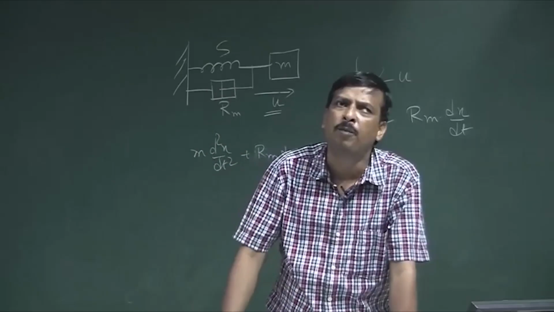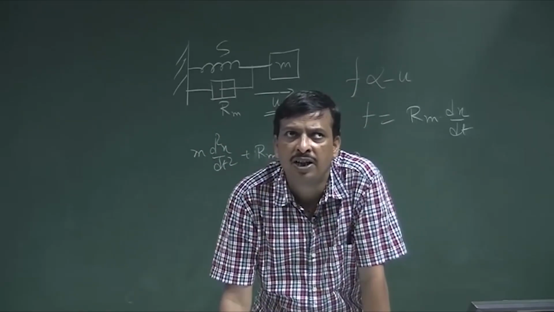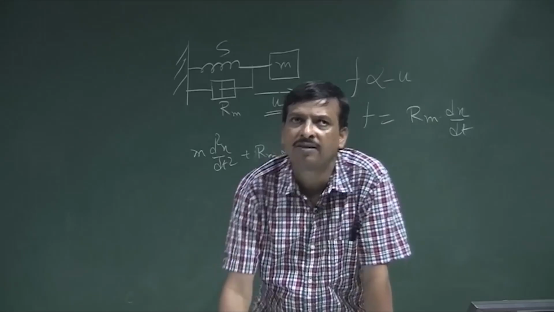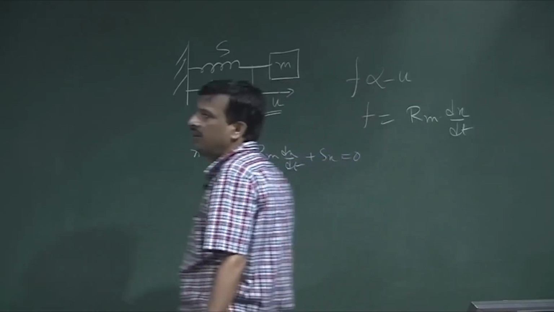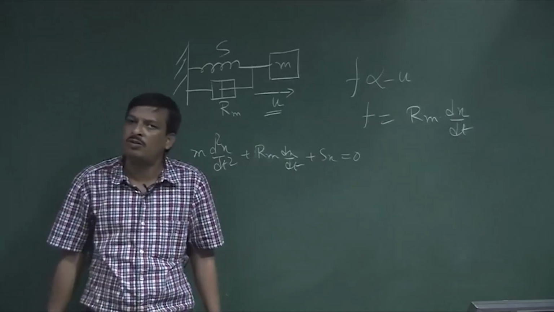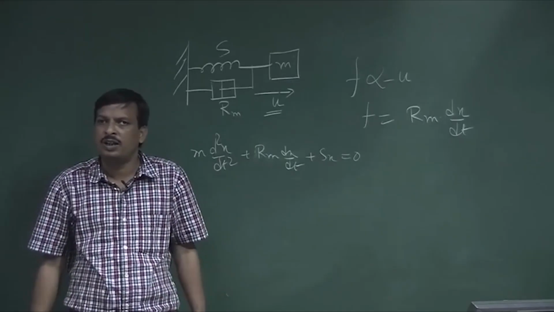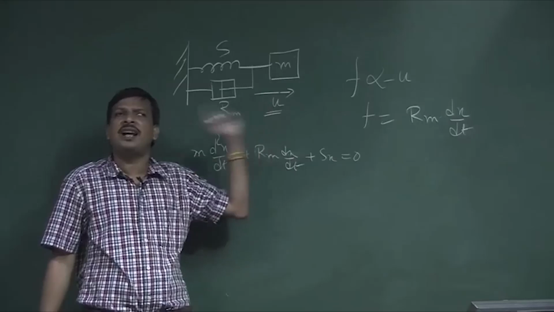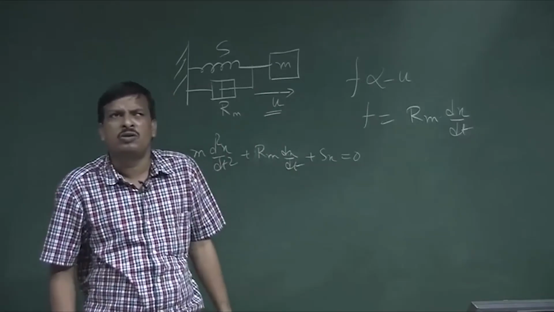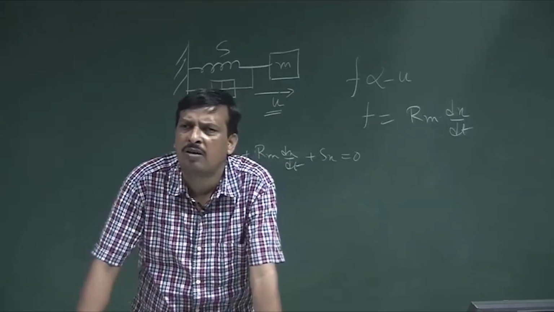So, in case of damped oscillation, m d2x by dt square plus Rm into dx by dt plus Sx equals 0. Okay. So, this kind of damping arrangement is used to oppose the motion.